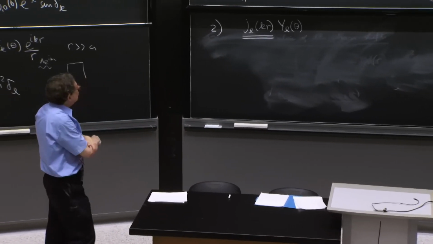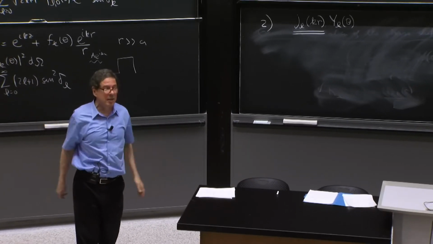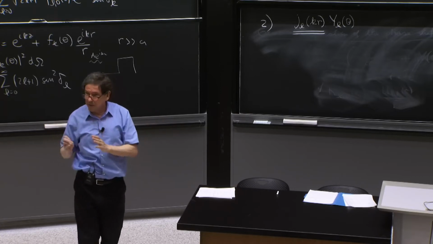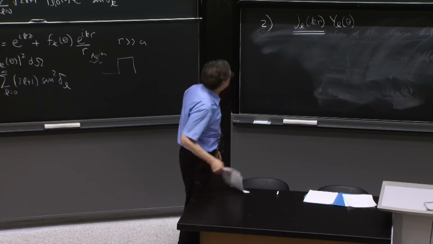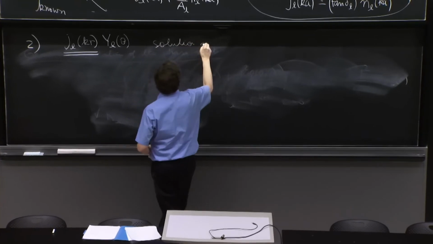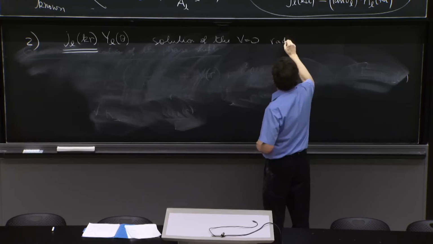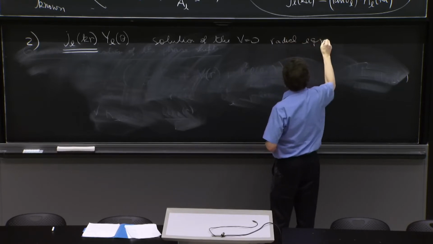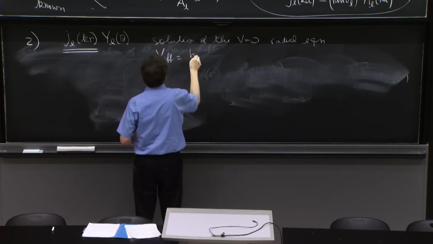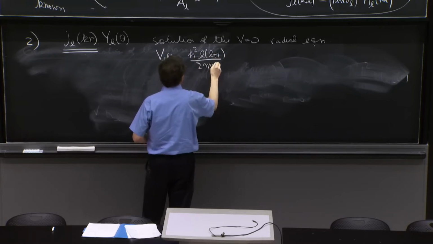So this is a solution of the radial equation, the radial equation with no potential. That doesn't mean zero effective potential, because there's always the centrifugal barrier. So this is a solution of the V equals 0 radial equation, which has a potential, which is V effective, equal to h-bar squared L times L plus 1 over 2m r squared.